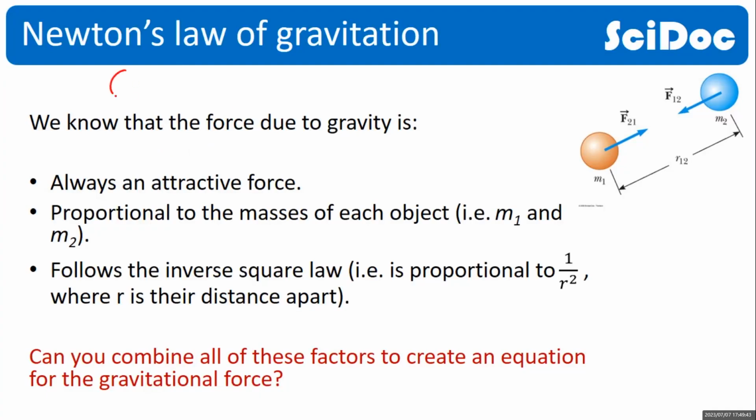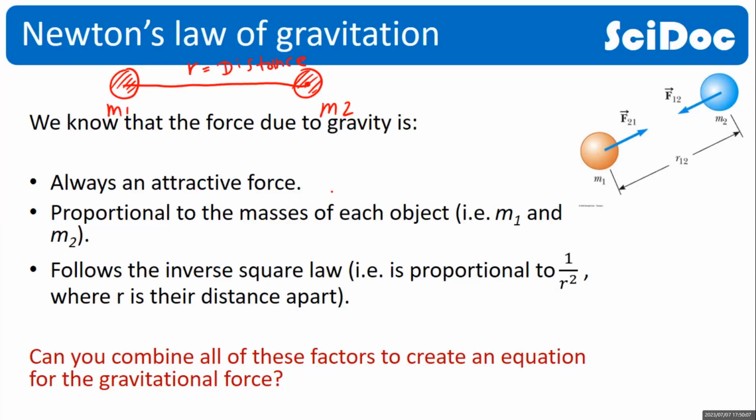For example, this is mass number 1 and this is mass number 2. I can label them M1 and M2, and they are at a distance of R. So R is representing the distance between these two masses.